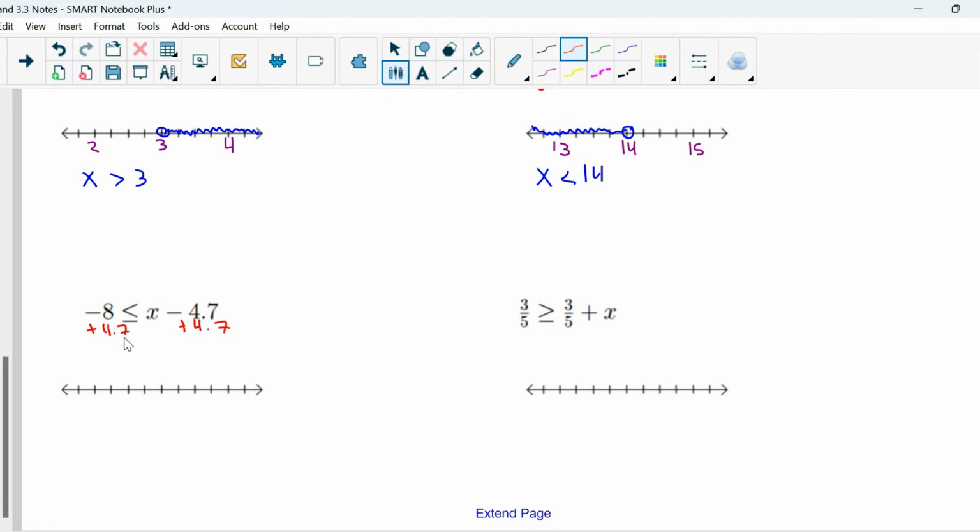That gives us negative 8 plus 4.7, which gives us negative 3.3, which is less than or equal to x. From here, we could graph it like this, but we could also rewrite this so that our variable is on the left side. So if our variable is on the left side, we would have x is greater than or equal to negative 3.3.